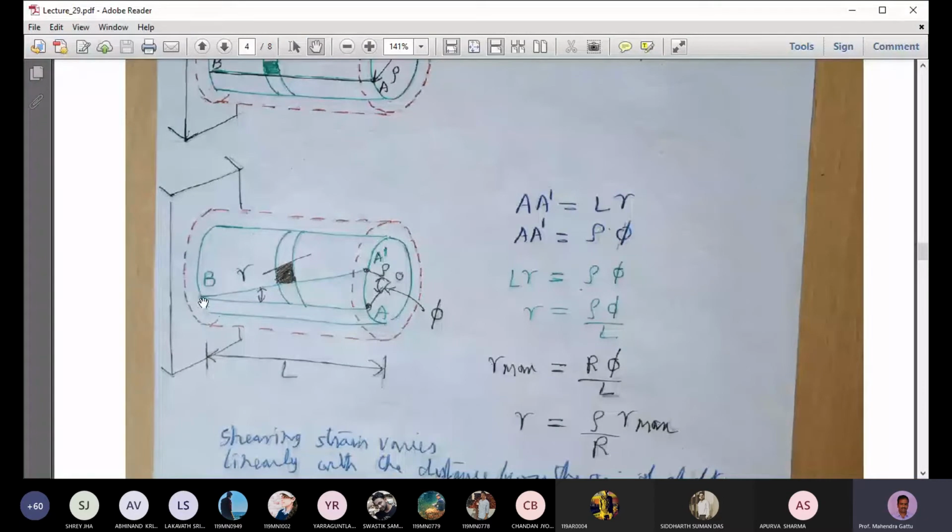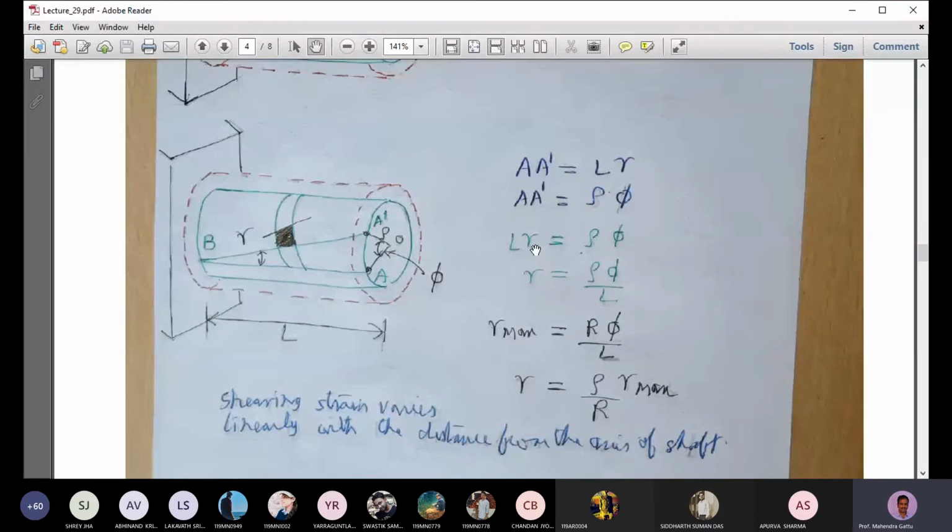And similarly, we can think of A A prime as an arc of a circle with center B. In that case, the radius will be L and the angle subtended at the center will be gamma. So we will have A A prime is L gamma, which is equal to rho phi. So gamma, the shear strain, is rho phi by L.